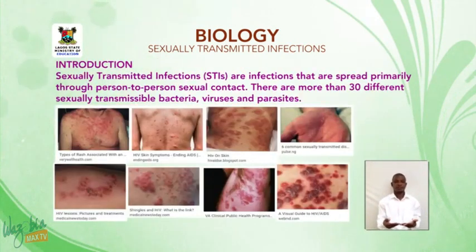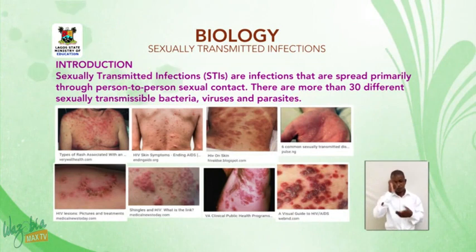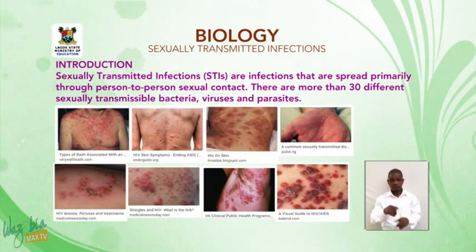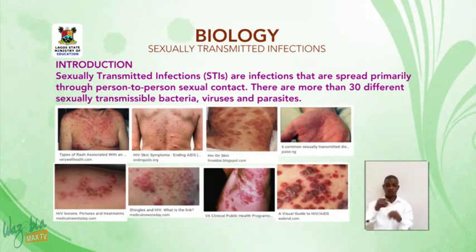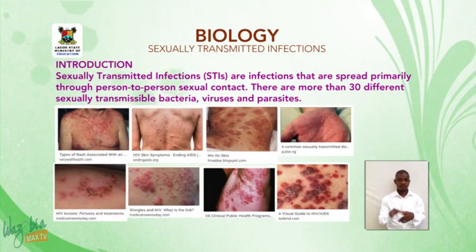Introduction. Sexually transmitted infections are infections that are spread primarily through person-to-person sexual contact. There are more than 30 different sexually transmissible bacteria, viruses, and parasites.